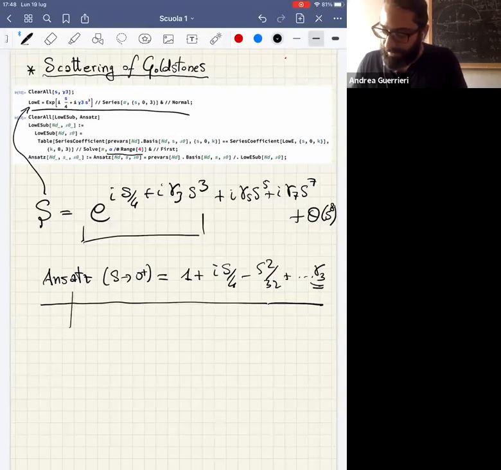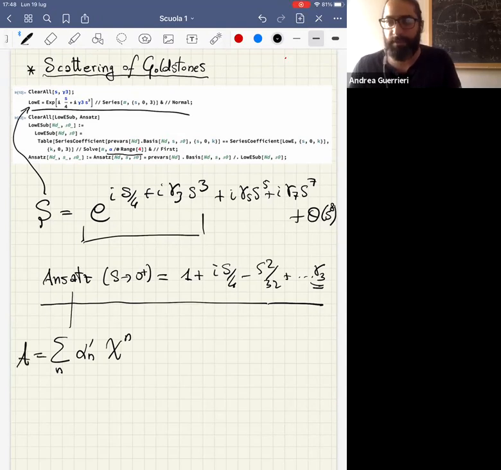So if you want, this ansatz is just the sum over alpha prime, which are linear combinations of alphas, times chi^n, such that when you expand, it has the expected behavior.